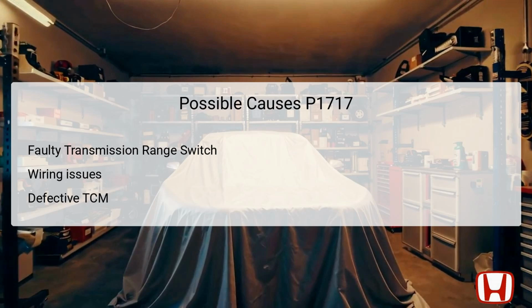Additionally, a defective TCM itself may fail to recognize the signal from the transmission range switch due to internal electronic failures. Other contributing factors may include poor connections or corrosion at the connectors relating to the switch and TCM. Identifying the specific cause through thorough inspection and testing is essential for successful diagnosis and repair.